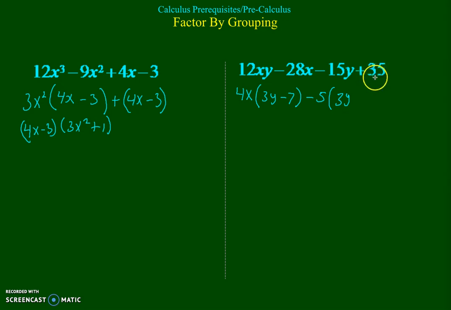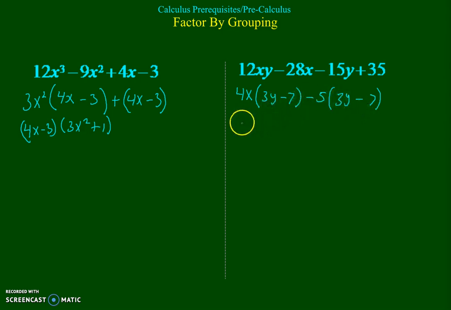Take this one divided by negative 5, we get negative 7. Now again, you can see that we created two instances of 3y minus 7. So this expression and this expression both have a common 3y minus 7.